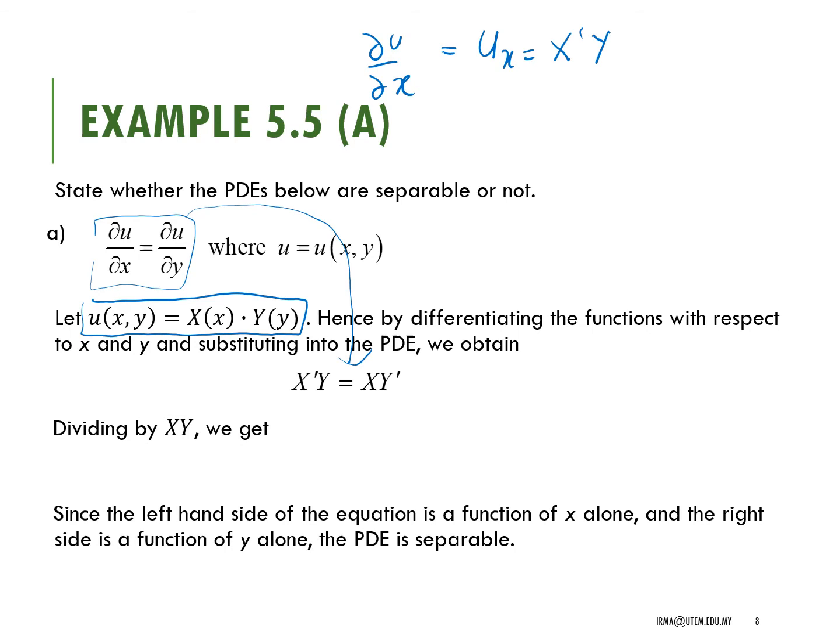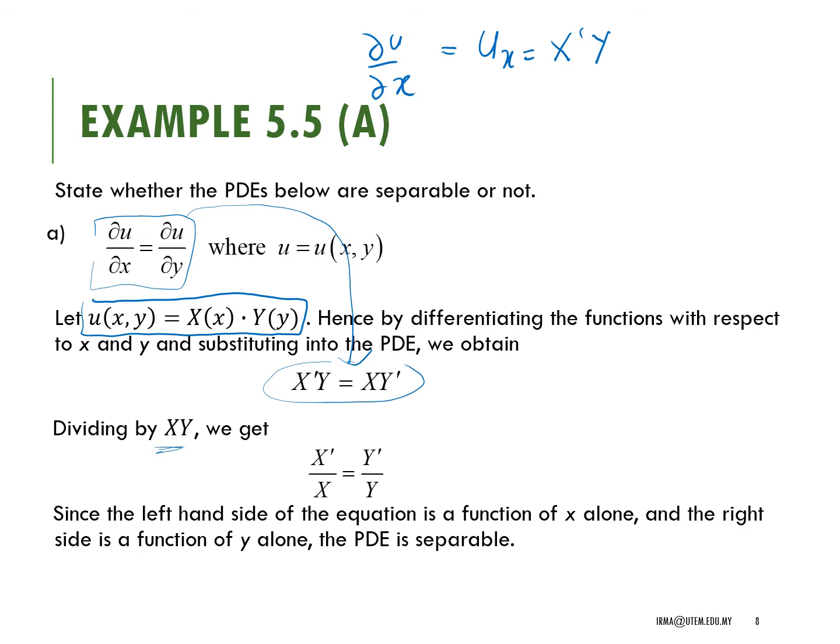In order to separate the variables, first you need to rewrite the PDE in the form of prime and double prime. So this is the equation that we have, and you need to divide by XY, both the left hand side and the right hand side. So you will get what?